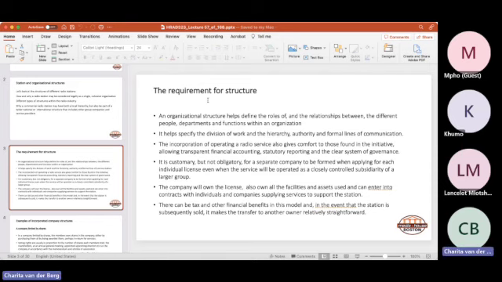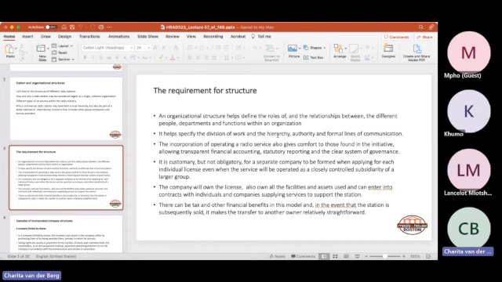So for instance, the likes of Prime Media, okay, or Kagiso Media, etc. It helps specify the division of work and the hierarchy, authority, and the formal lines of communication so that everyone knows where they are standing at all times within the structure, okay? I know this might not be exceptionally interesting, but it's really important stuff to understand.